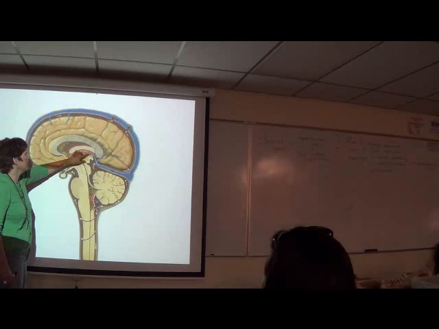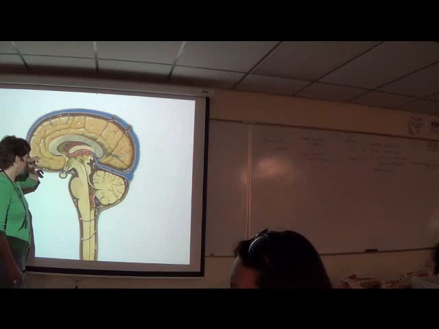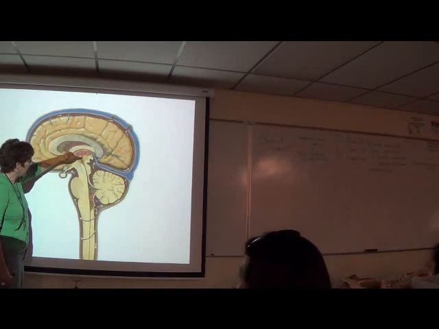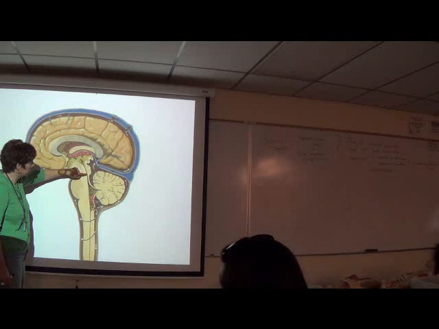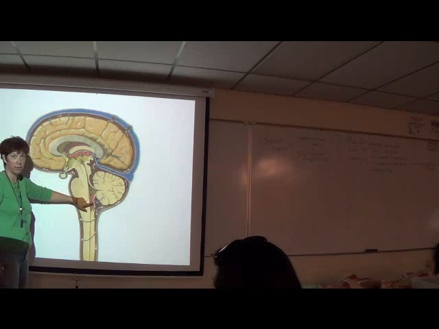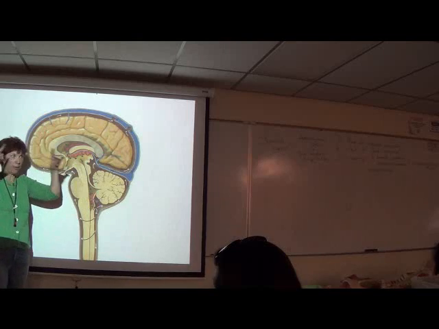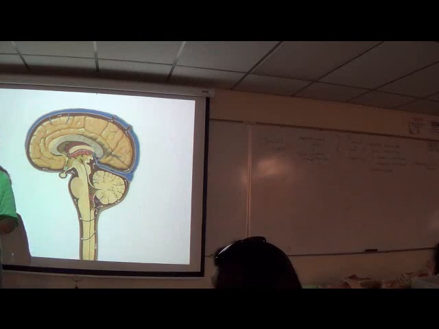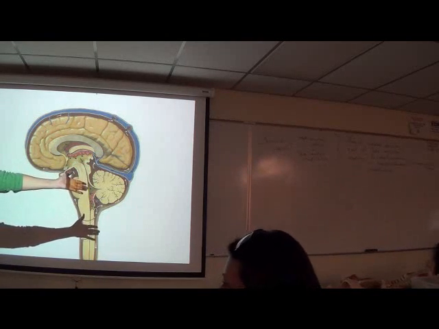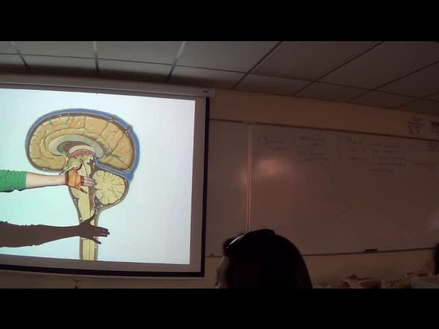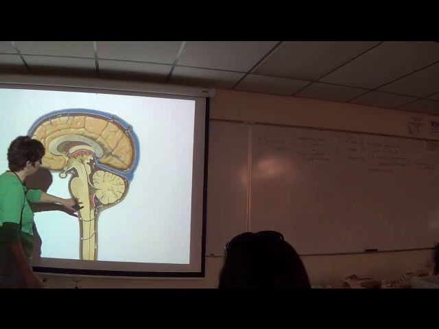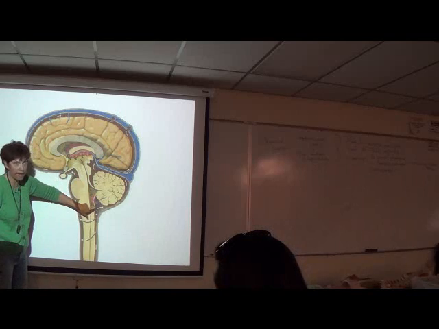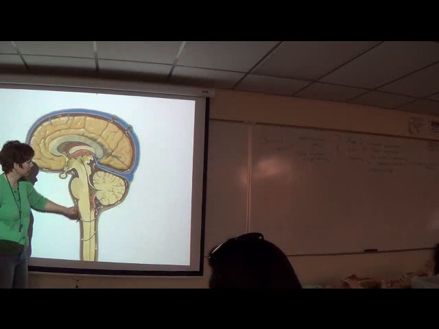It's going to pick up more CSF from this choroid plexus and travel through the cerebral aqueduct into the fourth ventricle. Remember, the fourth ventricle was diamond shaped. On the sides of the diamond we have the two lateral apertures, and just under the cerebellum here we have one single median aperture.